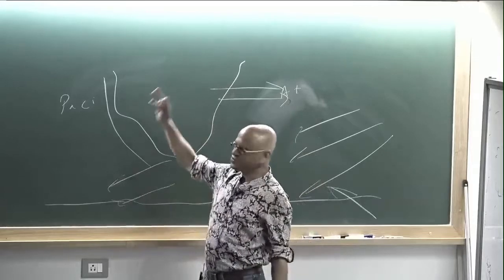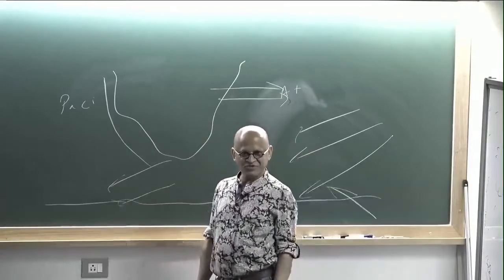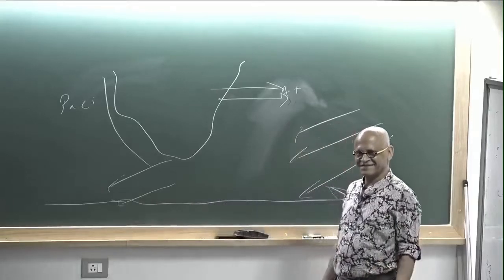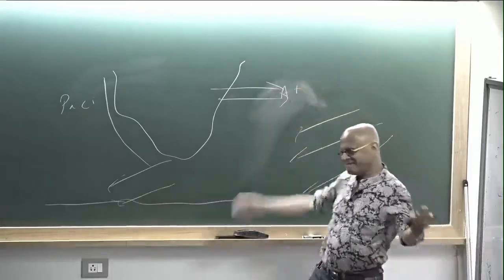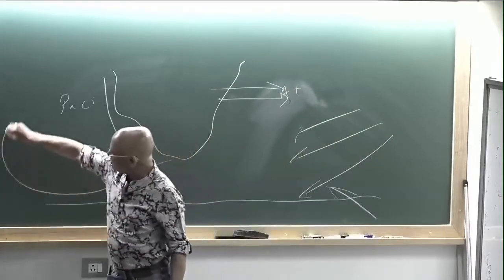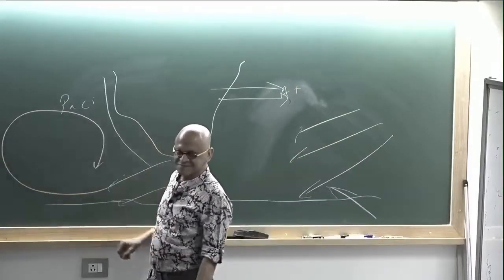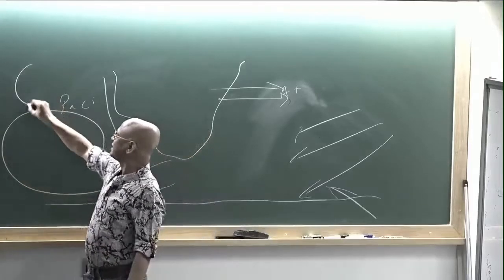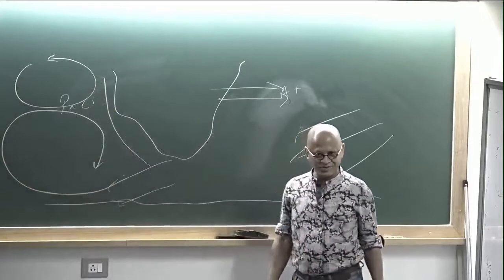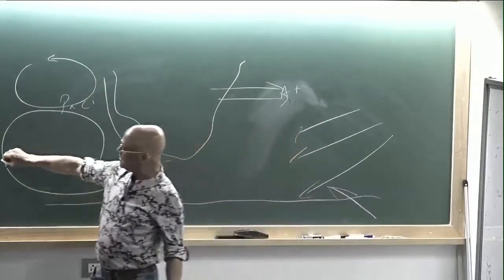Warm water is going towards northeast. Which current was that? Currents were doing this loop, and the subtropical gyre was doing this loop. I mean, the subpolar gyre was doing this loop. What current was here?